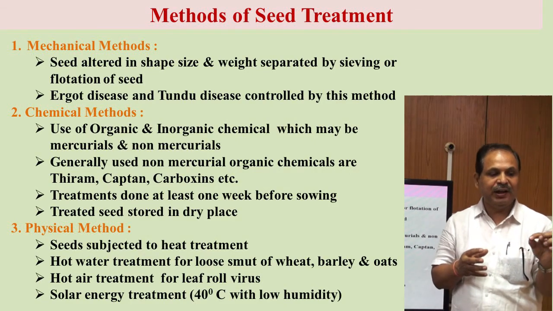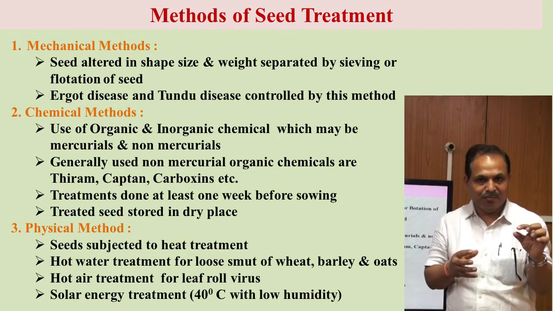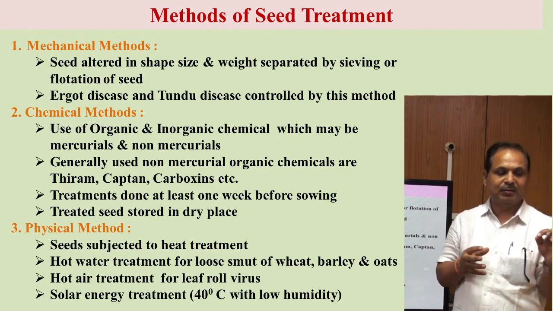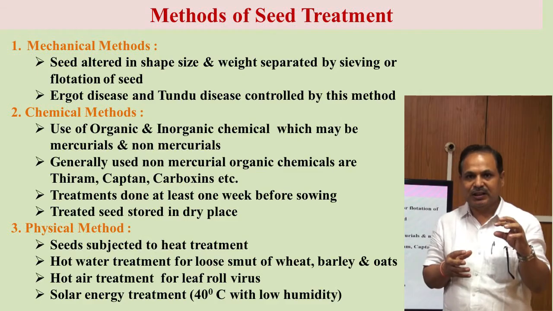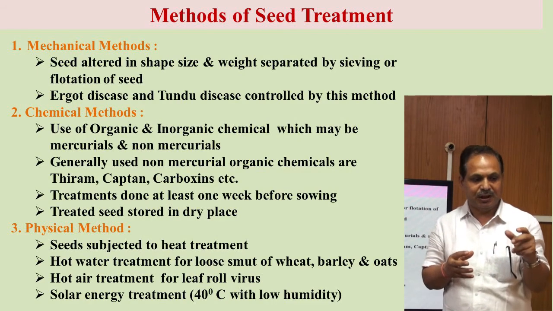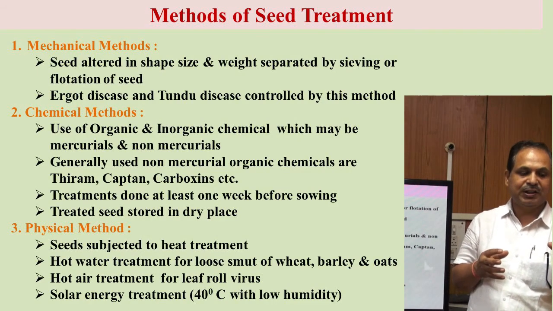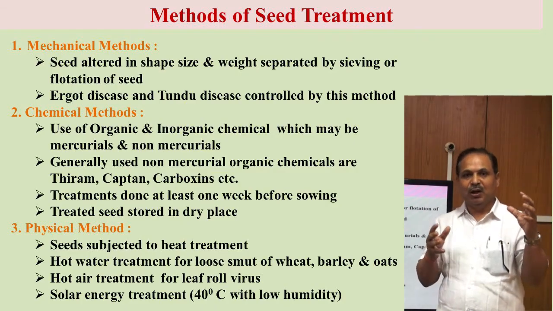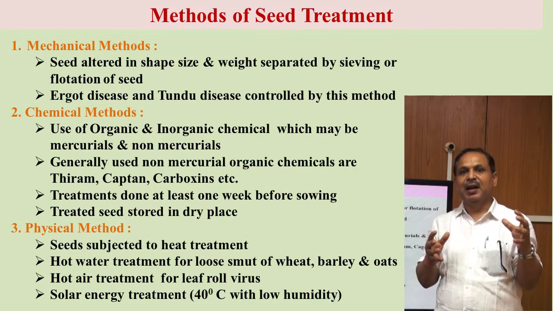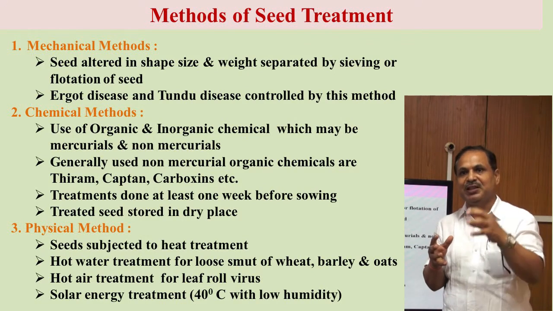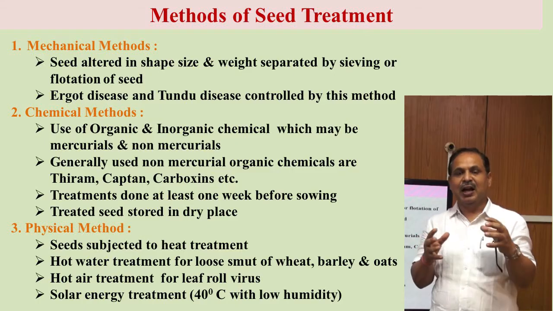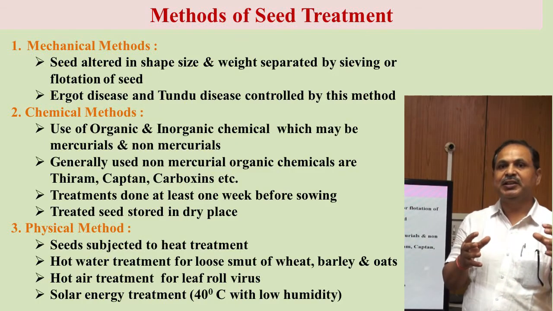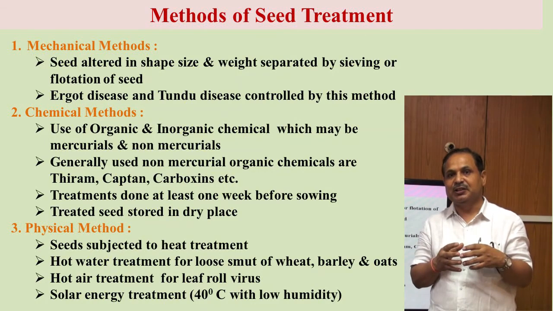In case of hot air treatment, it is meant for controlling leaf roll virus, a very important disease in potato. It is controlled by hot air treatment, in which a hot air box is prepared and the potato is placed in that box, high humidity is maintained, and a temperature of 35 to 40 degrees centigrade is given.